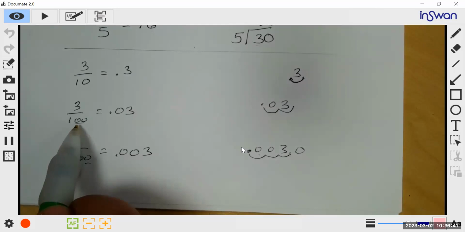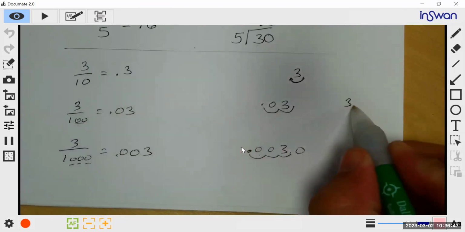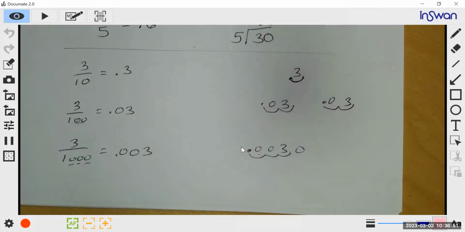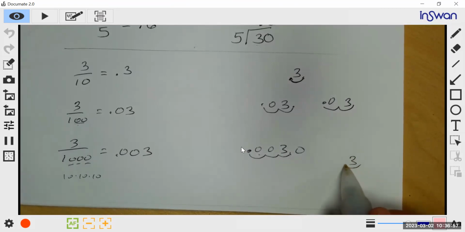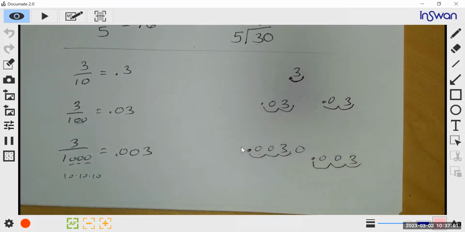What's 100 made up of? 10 times 10, right? So divide by 10, then divide by 10 again. 1,000 is 10 times 10 times 10. Does that make sense?